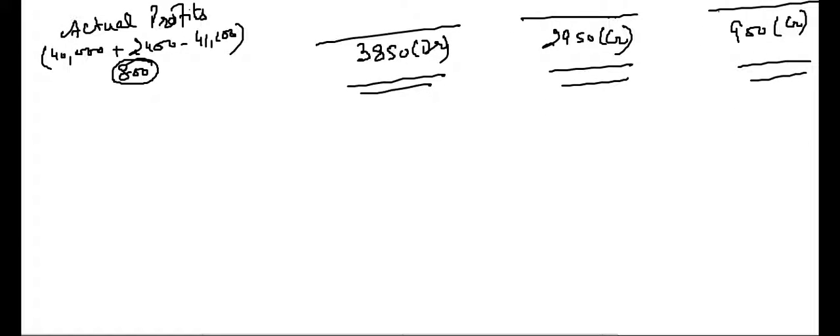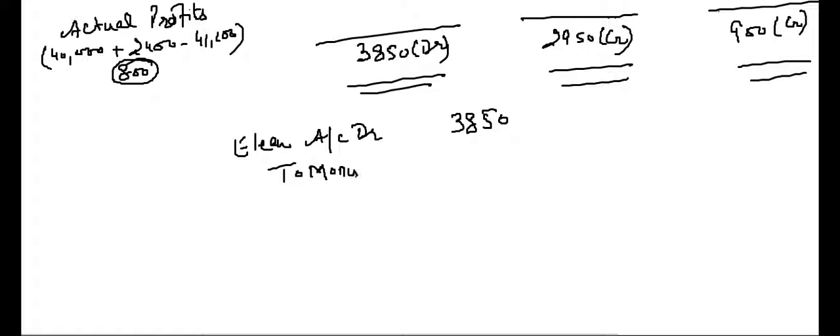So what will be the journal entry? Eileen account debit with 3850, to Monu account, to Ahmed account.